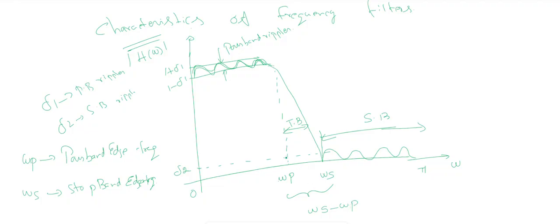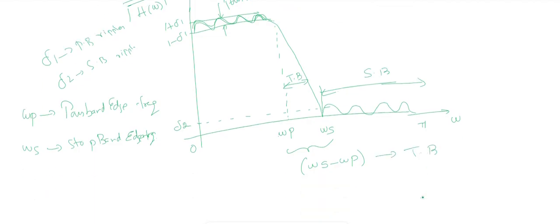And the width of the pass band, omega p, is called the bandwidth. So the bandwidth is omega p.